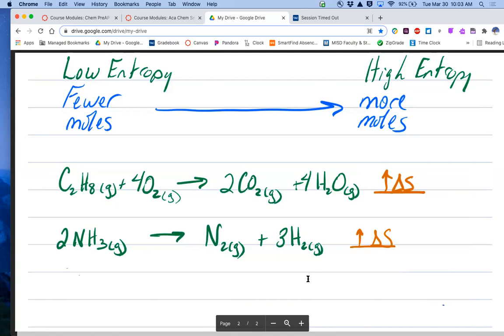Yes? I have a question. How do you know if something like this is exo or endo? Oh, great question. How do you know if something like this is exo or endo? You'd have to calculate delta H. And I have to give you those delta H values so that you could.